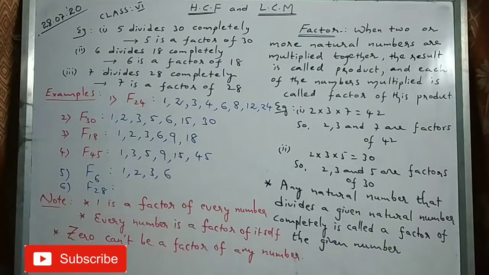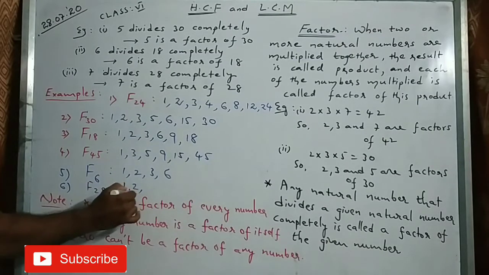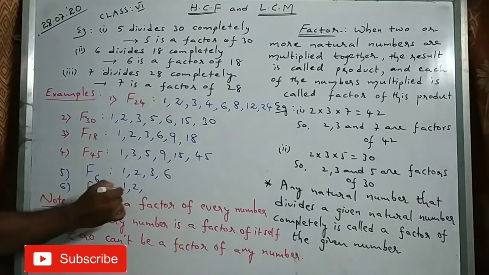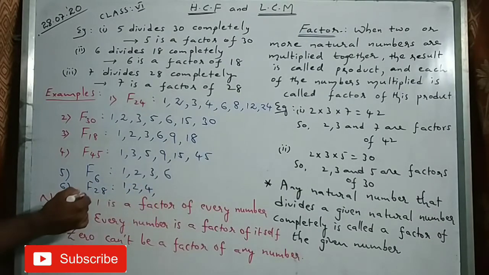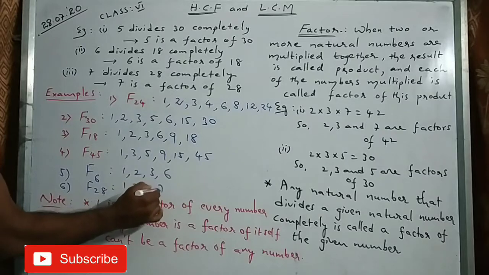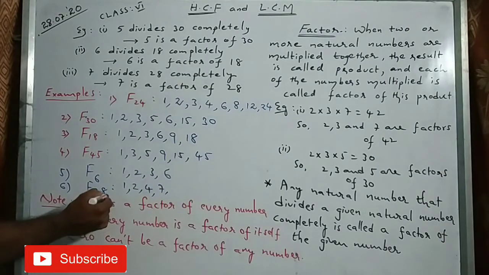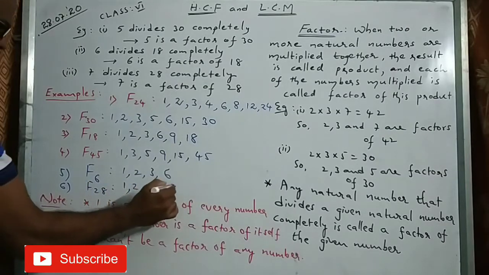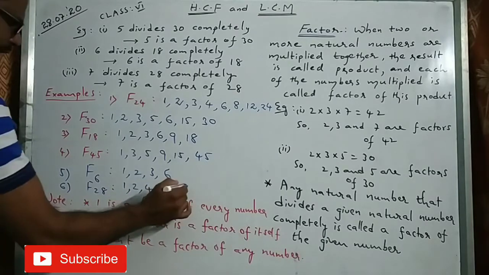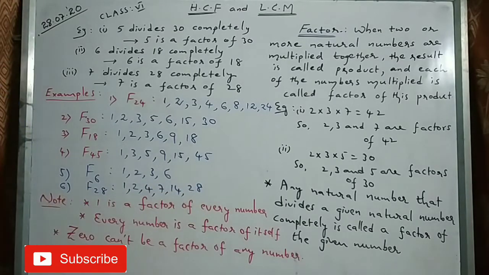Factors of 28. 1 28s are 28. 2 14s are 28. 4 7s are 28. 5 cannot go. 6 no. 7 4s are 28. Next 14 2s are 28. 28 ones are 28. So this is the method of finding factors of a given number.